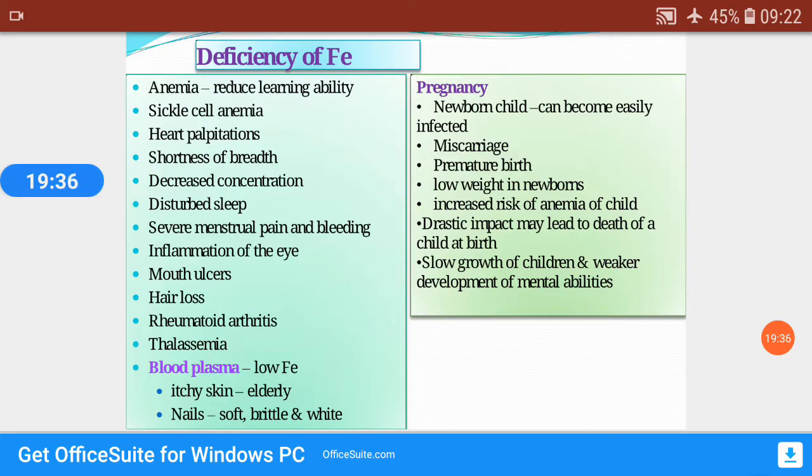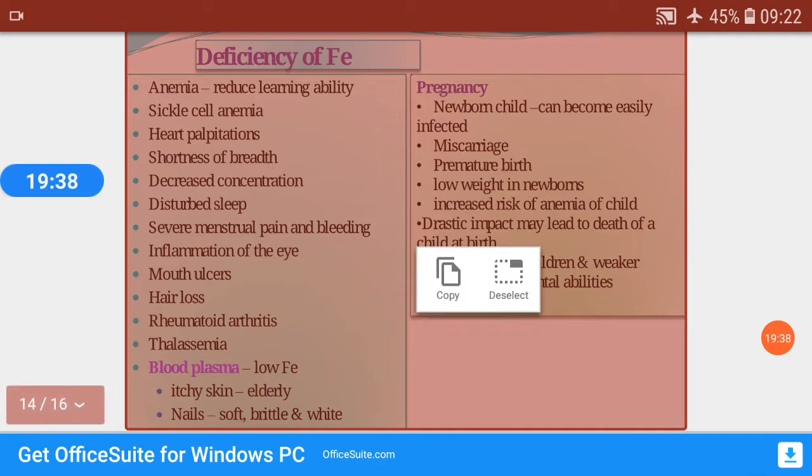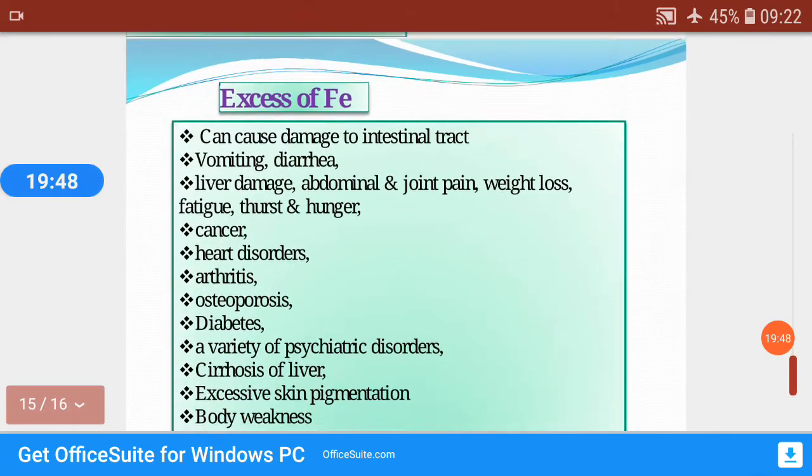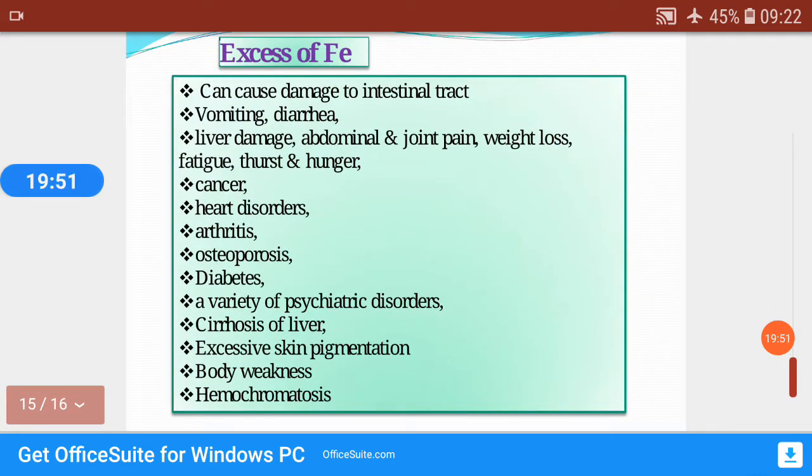By this we can come to know that iron is very important along with the other essential nutrients. So iron should also be taken in the proper diet. Next, what if there is an excess of iron?